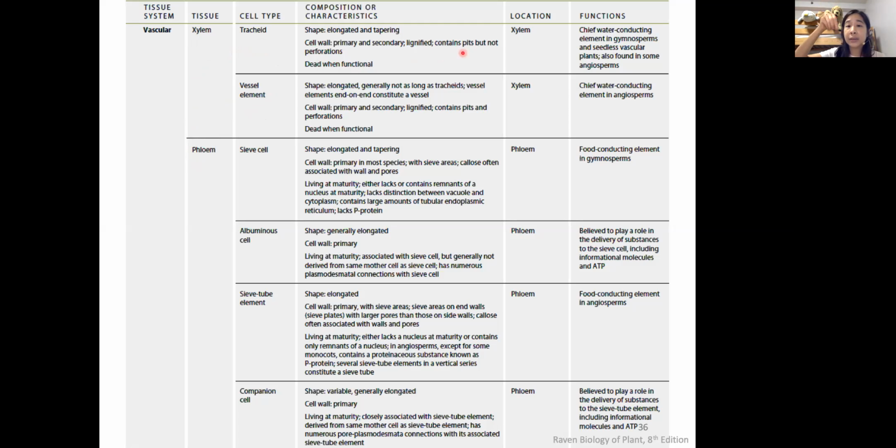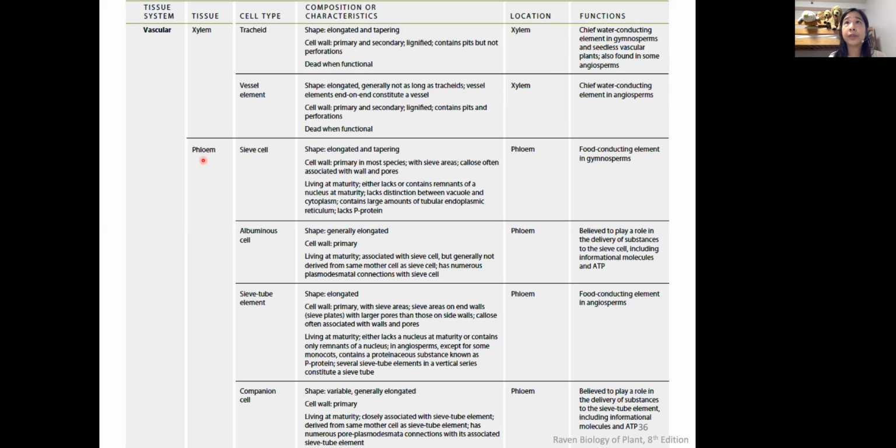It contains the pith in the middle, but does not have a lot of pores. It's located in the xylem tissues, and the main function is the transportation of water. Tracheids are mainly found in pine tree, but vessel elements are mostly found in flowering plants.